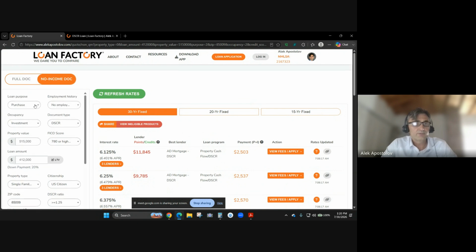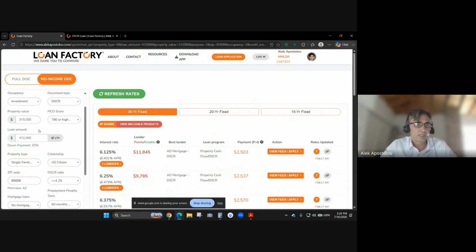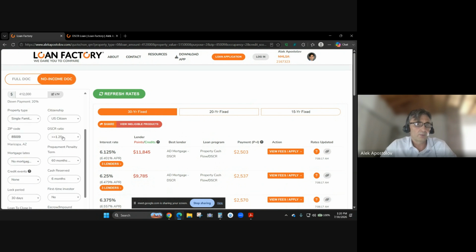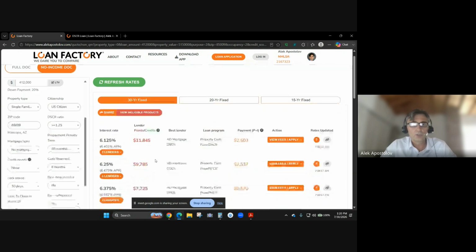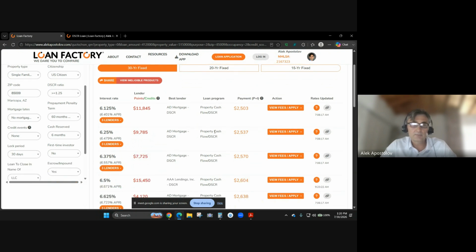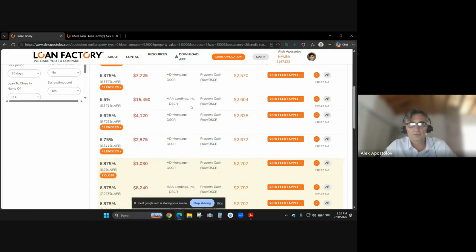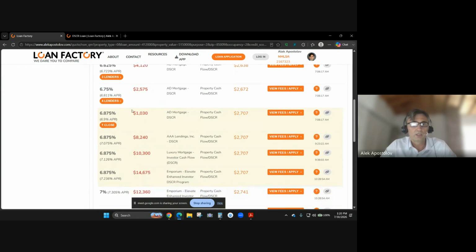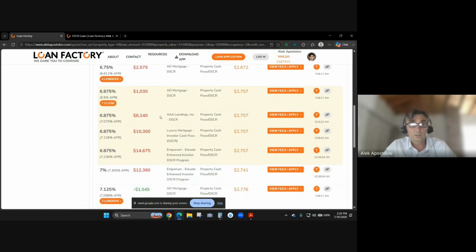By simply filling out these little boxes, it will do those adjustments for you. If it's a purchase, a property, and you punch in the credit score and the DSCR ratio, you will get exactly the same thing that we see as brokers. You will see which bank is offering which type of interest rate and at what cost.